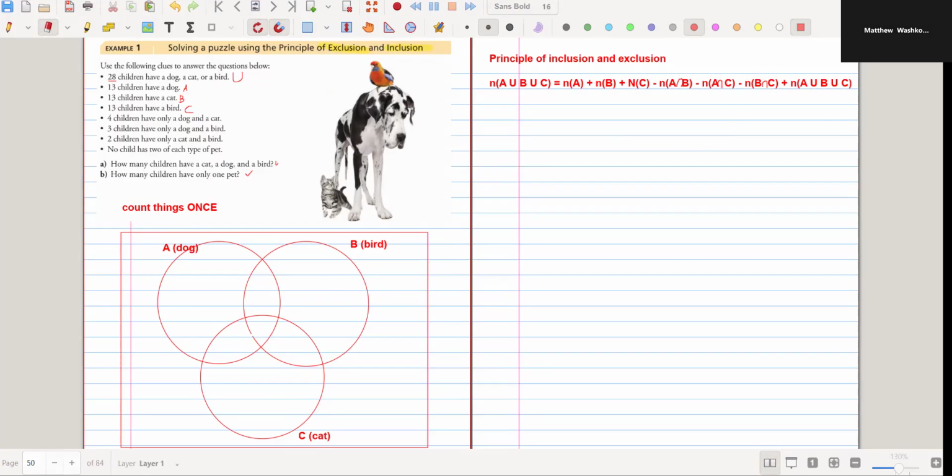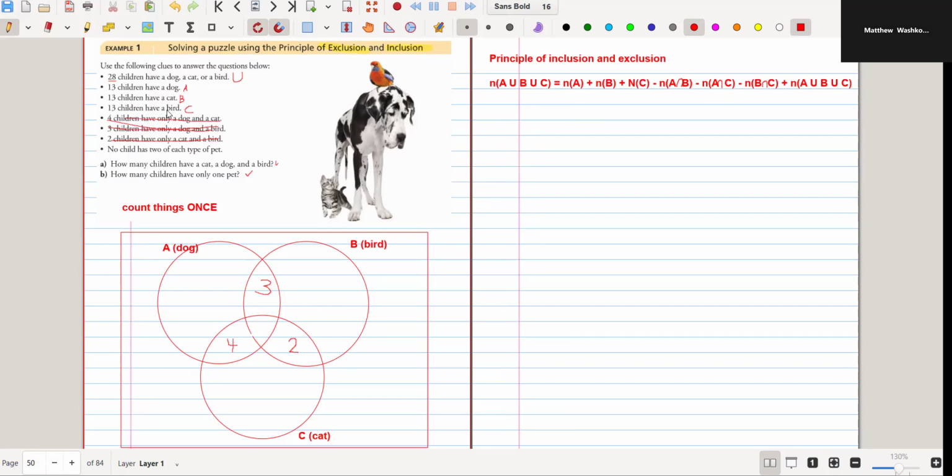First off, let's fill in some stuff we do know. I do know that two children have only a cat and a bird. So there's two there, right? A cat and a bird. Three children have a dog and a bird. And four children have only a dog and a cat.